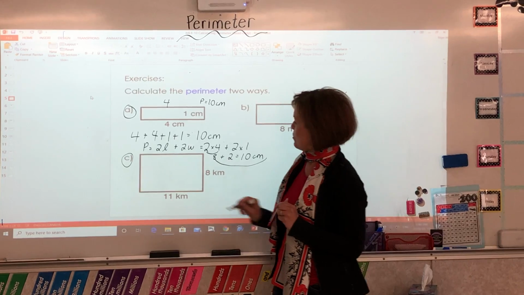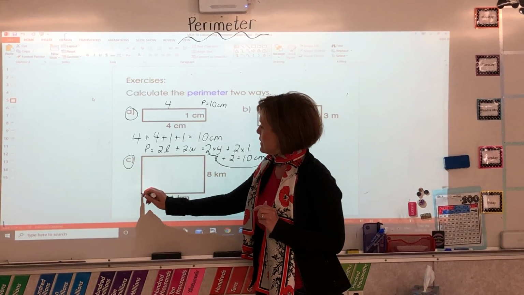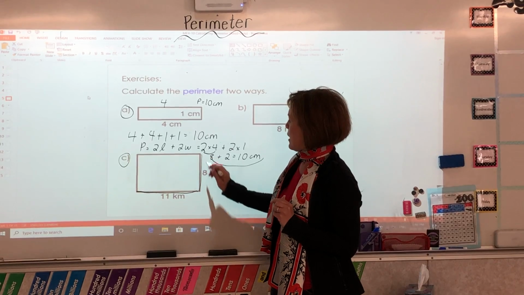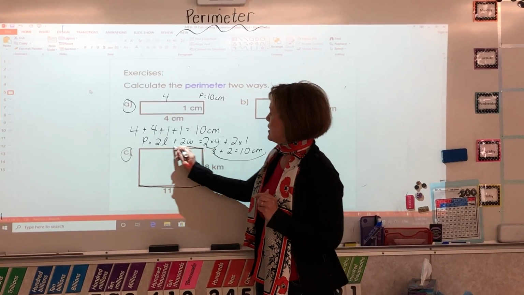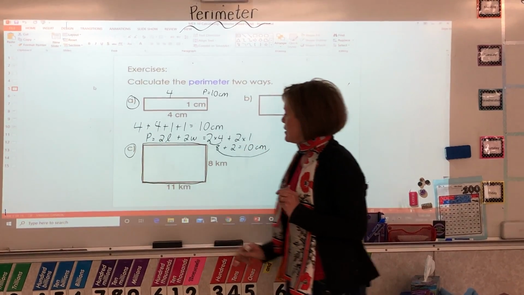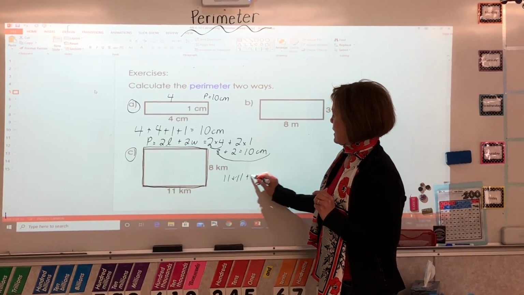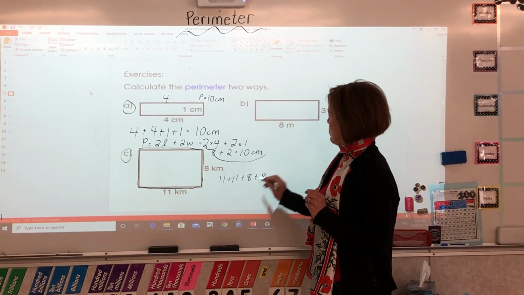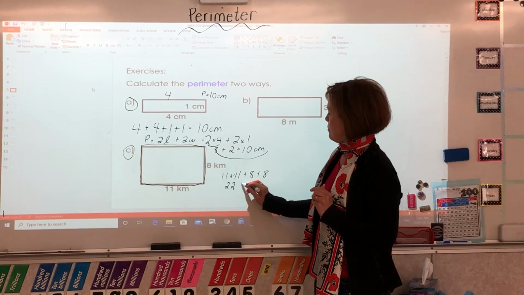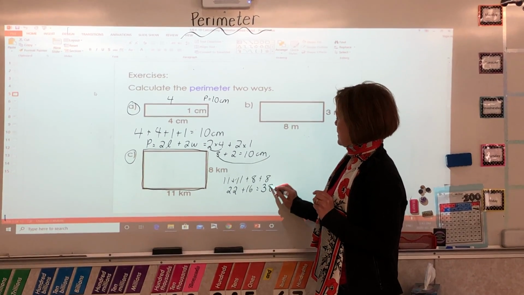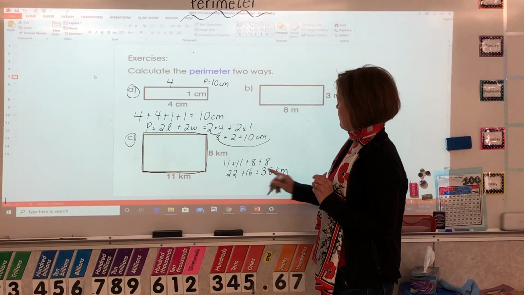All right, that's a little bit tricky, but I bet that makes sense. Next one, we're looking at a big field that's 11 kilometers this way and 8 kilometers this way, and we're looking at perimeter, which is the outside of the field. And so how do we find it? Well, we could add 11 plus 11 plus 8 plus 8. And you probably know that's like adding 22 plus 16. Mental math is 38 kilometers around the outside of that field.